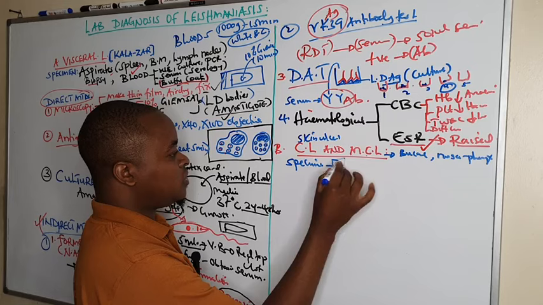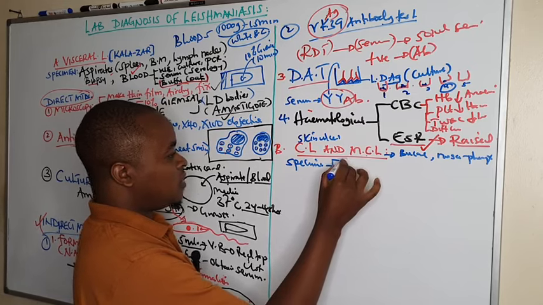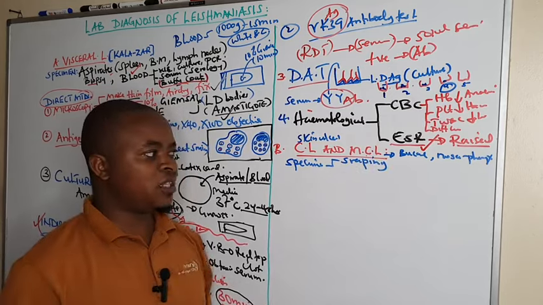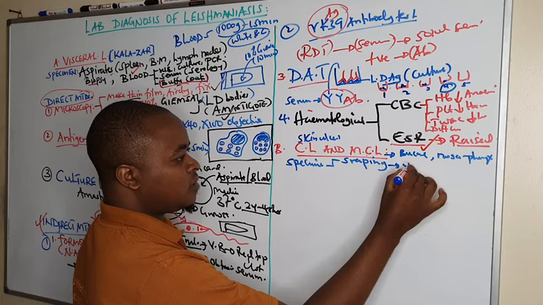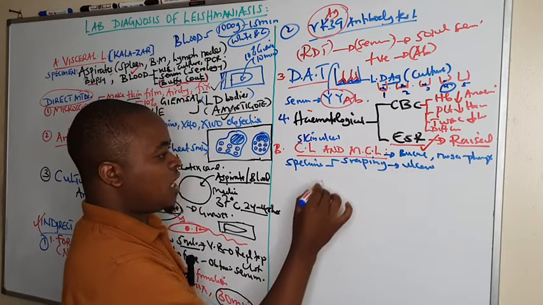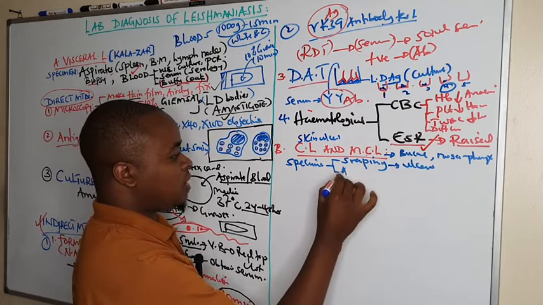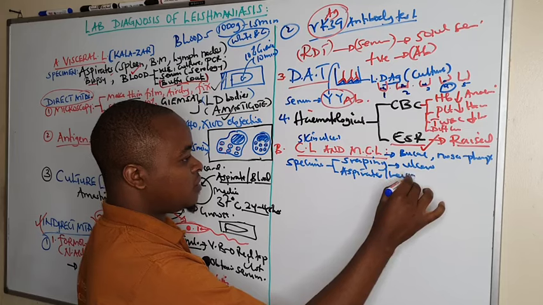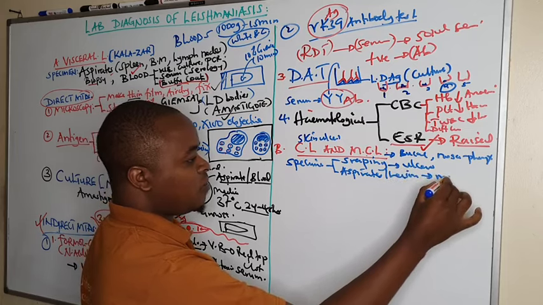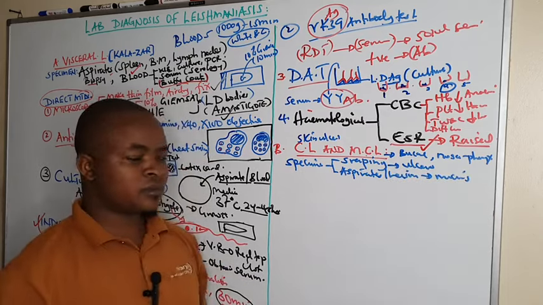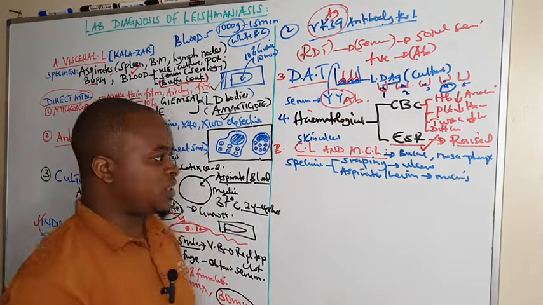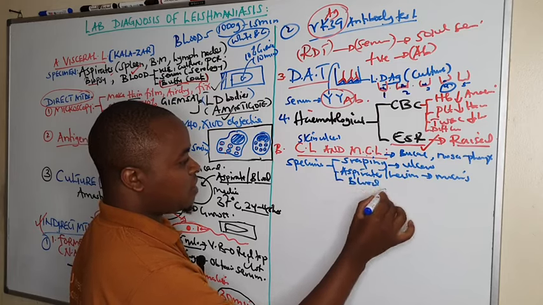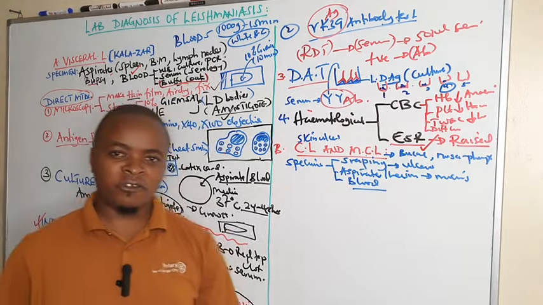We are going to use scrapings from the ulcers. We can use aspirates or lesions from the mucous membrane which are affected. Or sometimes we can also use specimens like blood, though blood is not preferred.